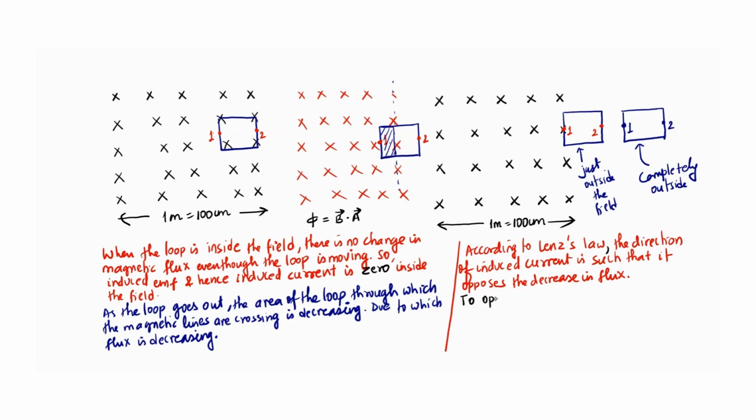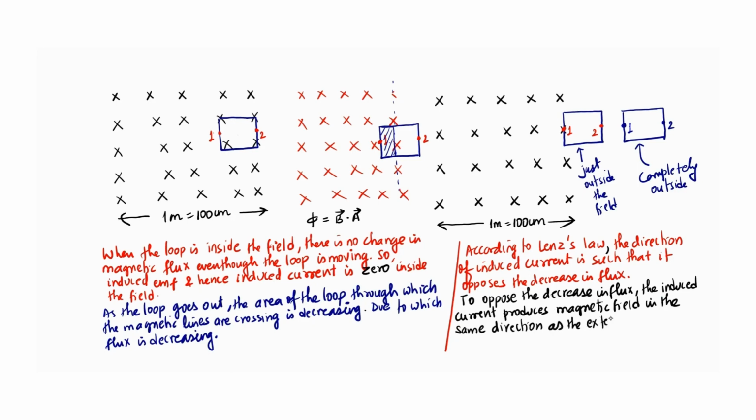Now, to oppose the decrease in flux, the induced current produces a magnetic field in the same direction as the external field. Clear?